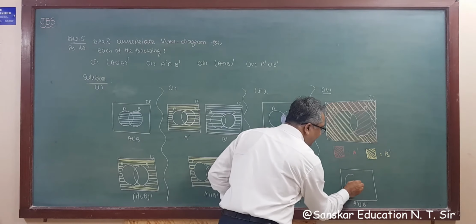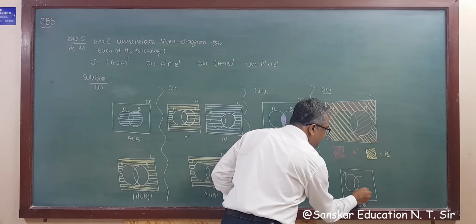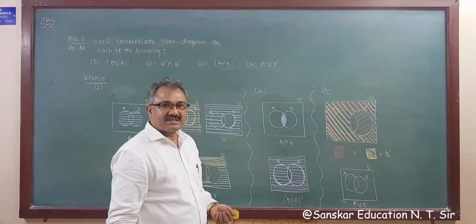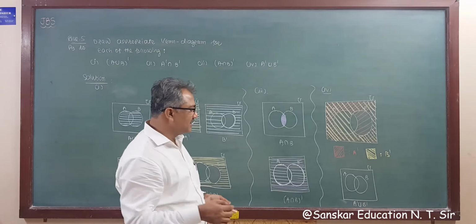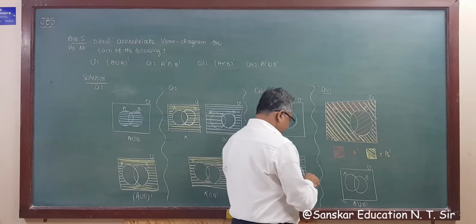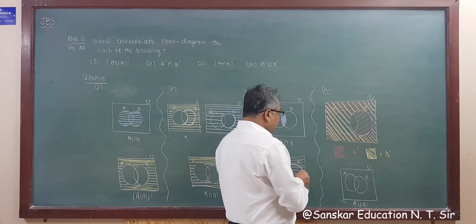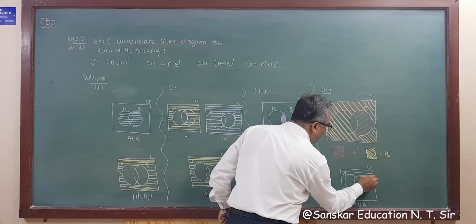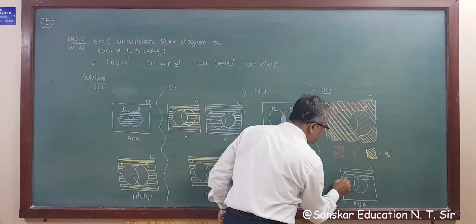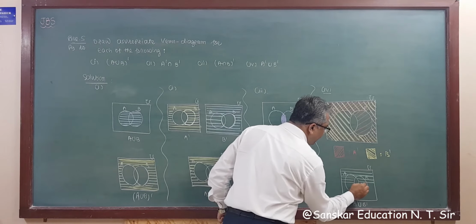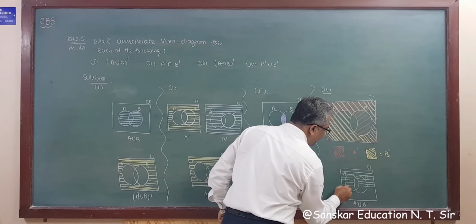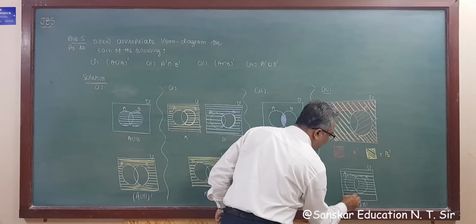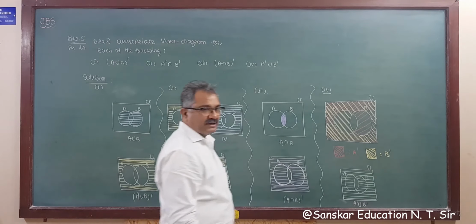This is set A, this is set B, and this is your universal set U. So this green area is your A dash union B dash. So this is your answer.